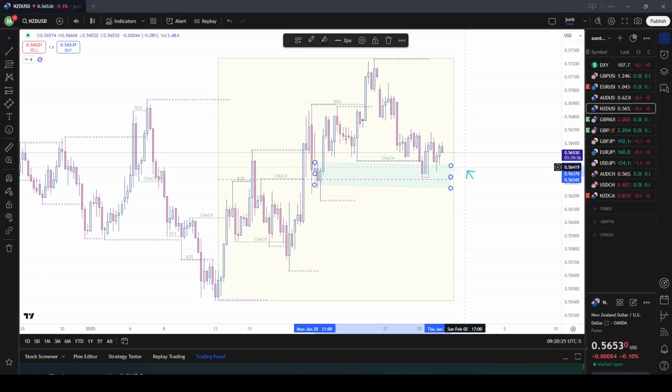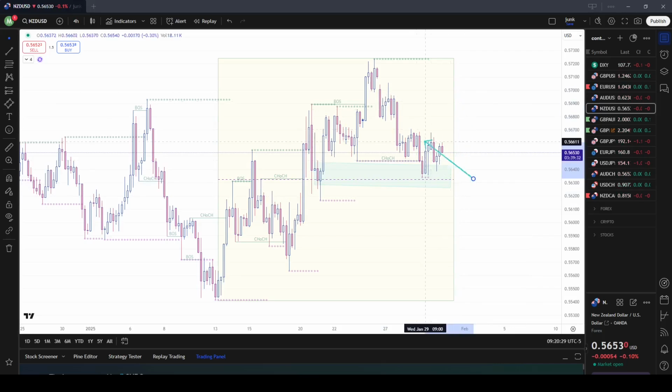Buyers haven't been able to take it back up or further from this reaction, than these lower higher lows, and there's liquidity building just like with Aussie dollar above these highs.